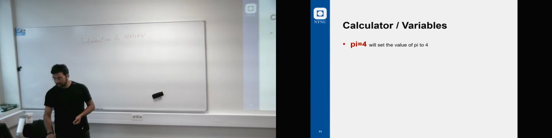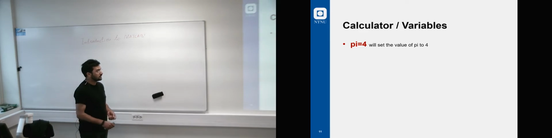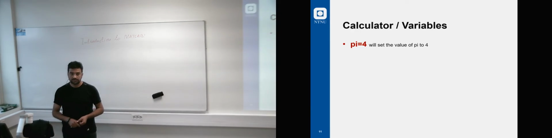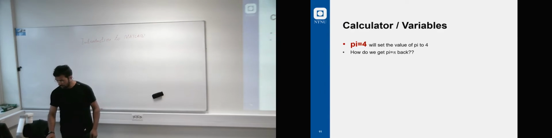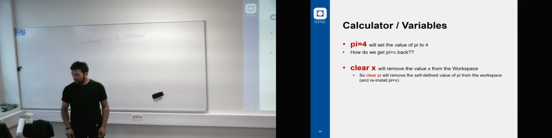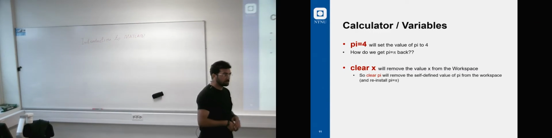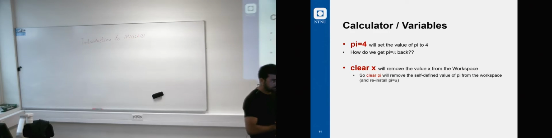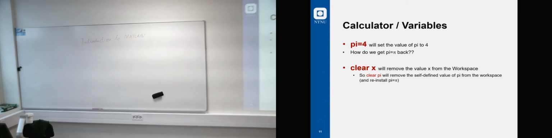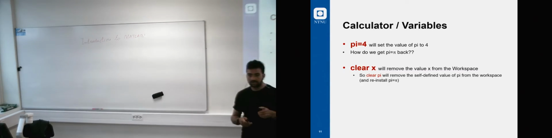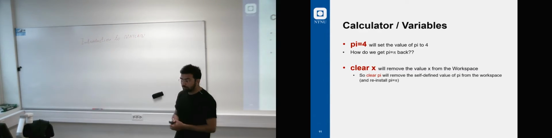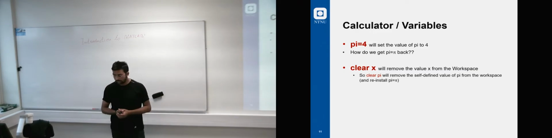Coming back to this pi value, which you have set to 4 instead of its actual value, how do we fix that? There is a command, clear. If you write the command clear with the variable name that you have already set, you can delete the value that has been assigned to that variable.